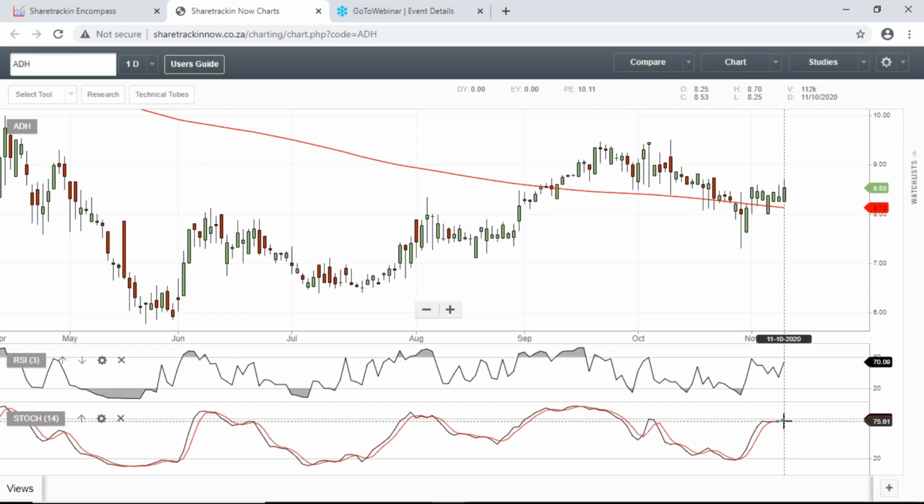Remember, you're doing a short-term trade, so maybe for a day or two you can buy the share. Okay, everything is leaning towards an upwards trend. So yes, this can be a share that I can buy. Let's go and look at another share. So I'm going to close my chart on top.